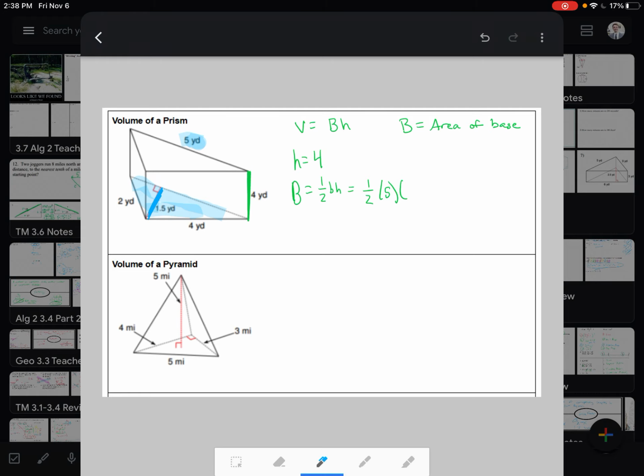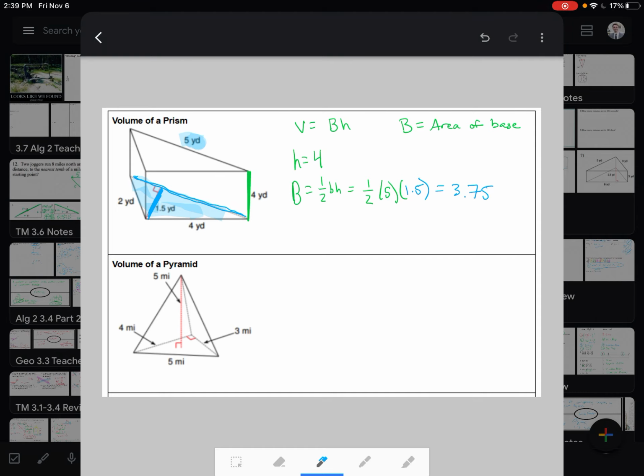And the lowercase h here for our height, I'll do this in a different color, is going to be the 1.5 yards. So our base is here of 5, and our height is 1.5. So we're going to multiply these things together to get the area of that base, so our uppercase B. So we'll get 1/2 times 5 times 1.5, and that'll give us an area of 3.75.